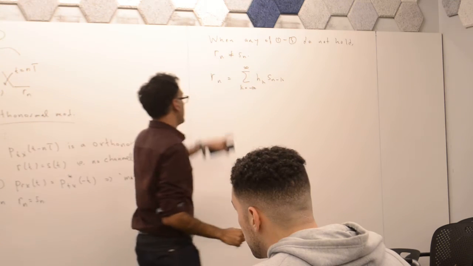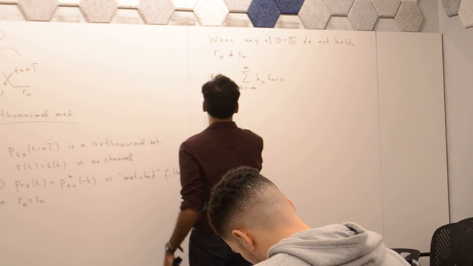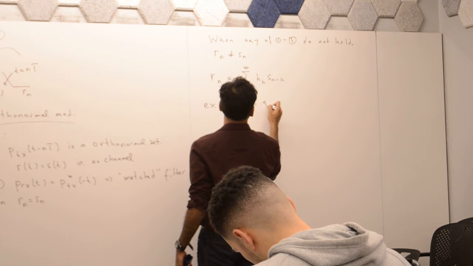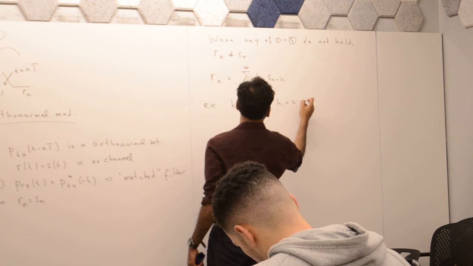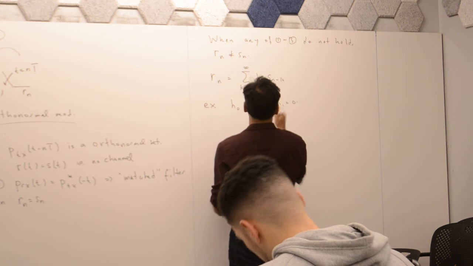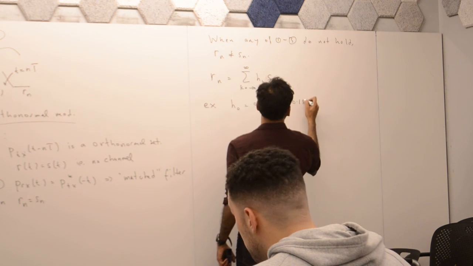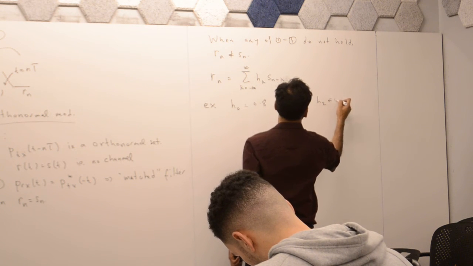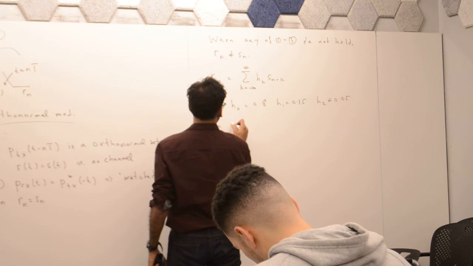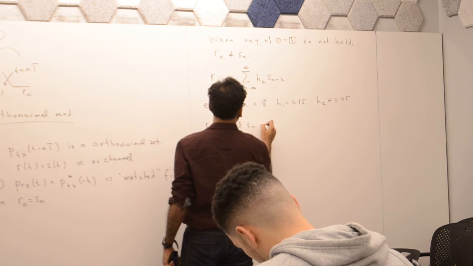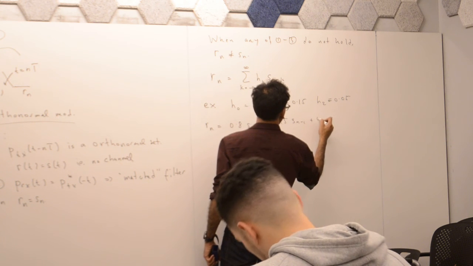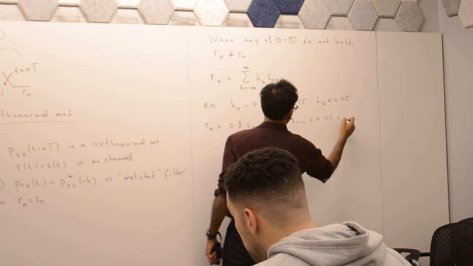In other words, it gets filtered in time. Let's say for an example, suppose that H0 is 0.8, H1 is 0.15, and H2 is 0.05. Let's just say it's an example. This would mean that R of n is 0.8 times S of n plus 0.15 times S of n minus 1 plus 0.05 times S of n minus 2.